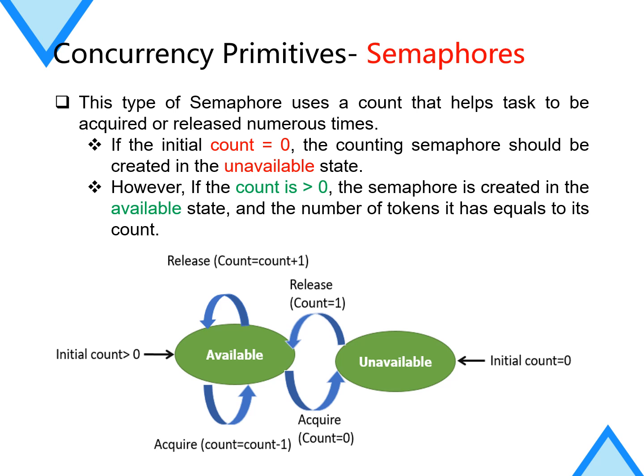So we acquire another resource, and it will decrease by 1 again, and suppose the semaphore value reaches 0. Whenever the count reaches 0, the state changes from available to unavailable. So in summary, if the counting semaphore value is 0, the state will be unavailable, and if it has any value greater than 0, the state will be available.